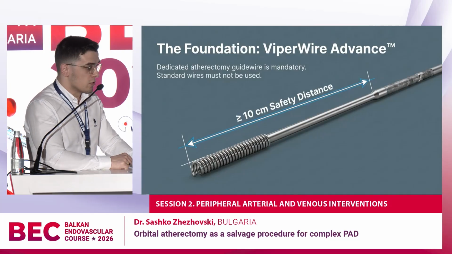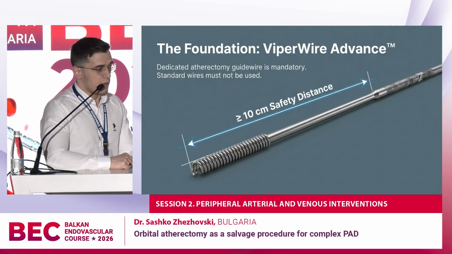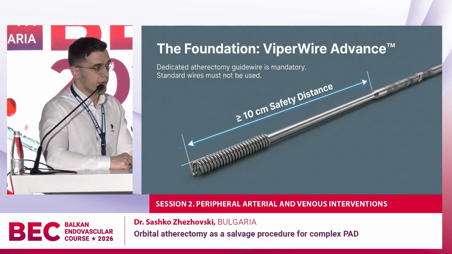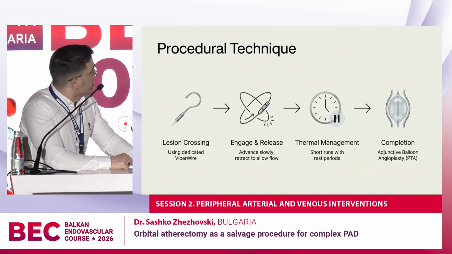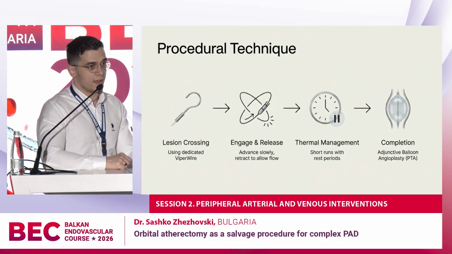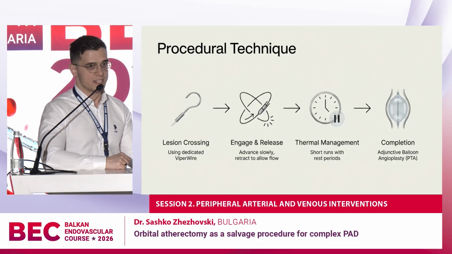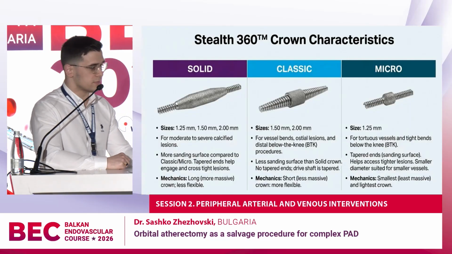It's mandatory to use a special guide wire. In our case, it's the Viper Wire Advanced. And it's extremely important to follow the procedural technique with the respective treatment periods and the rest periods to avoid vessel damage.